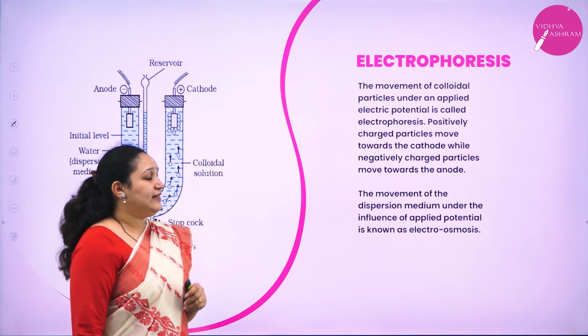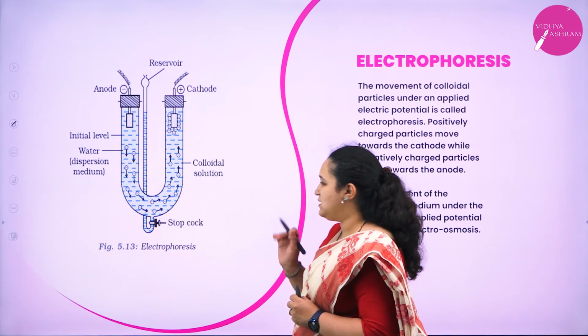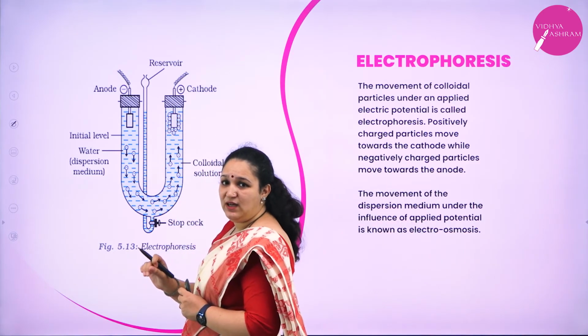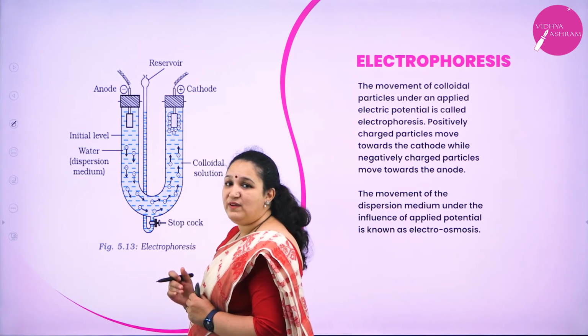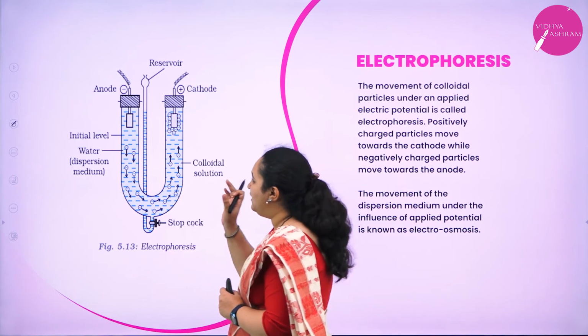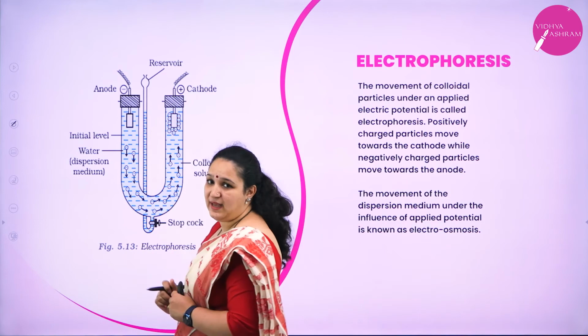Next is electrophoresis. For this I shall explain with this diagram. There is a U tube which we have taken. I have filled it with the colloidal solution in which the colloidal particles are negatively charged. Okay, there are two electrodes dipped into it. One is anode, one is cathode.